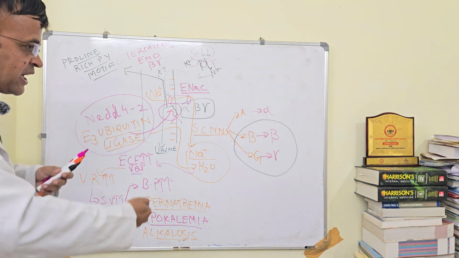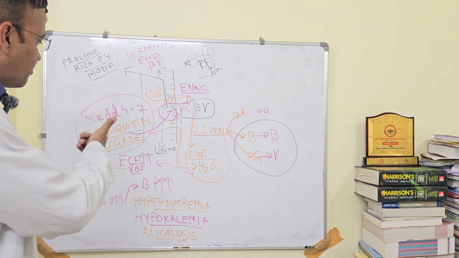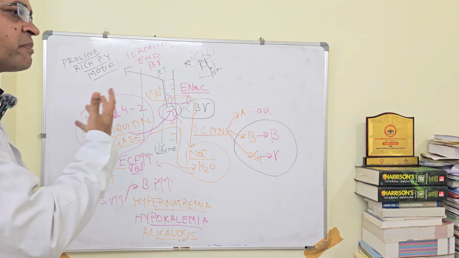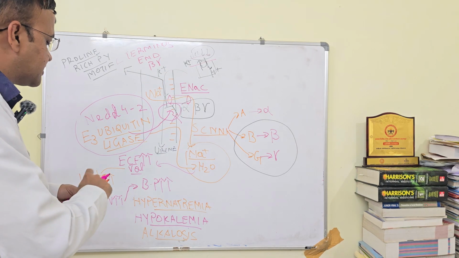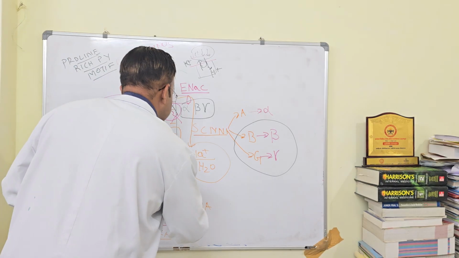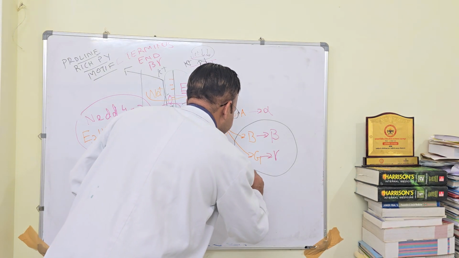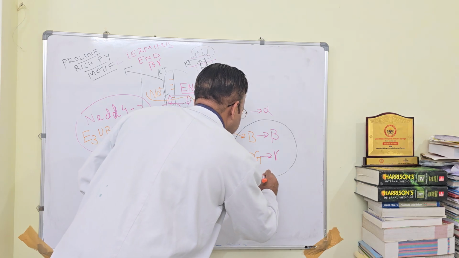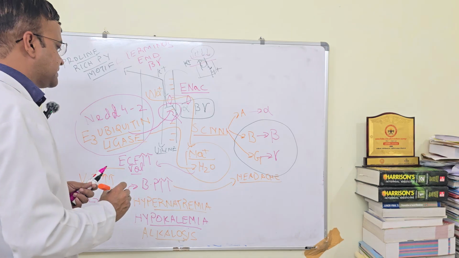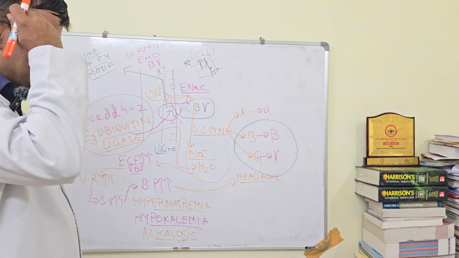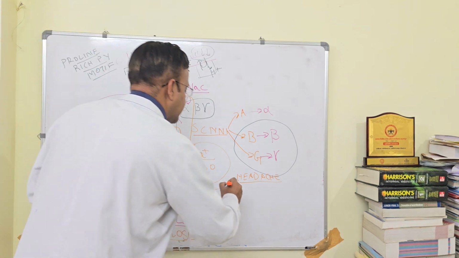Now let's carry on forward with our chain reactions. Now, blood pressure. What can high blood pressure further lead to? The blood pressure can further lead to headache. Yeah, the most common symptom of high blood pressure is headache. What else can it lead to? Apart from headache, it can lead to retinopathy, hypertensive retinopathy.